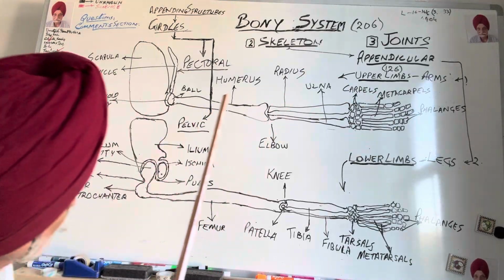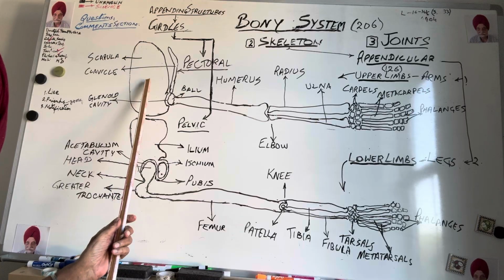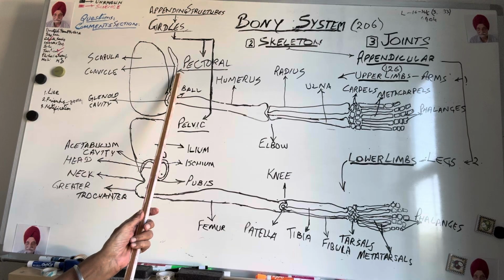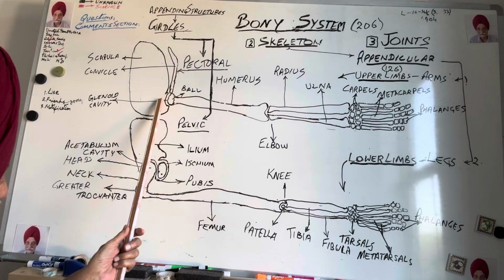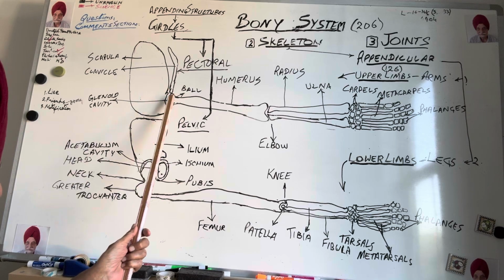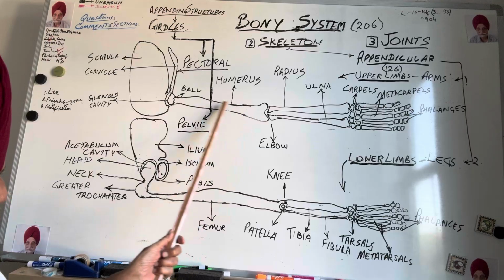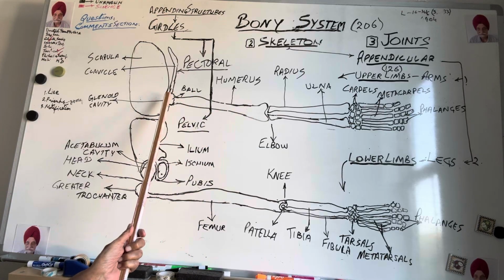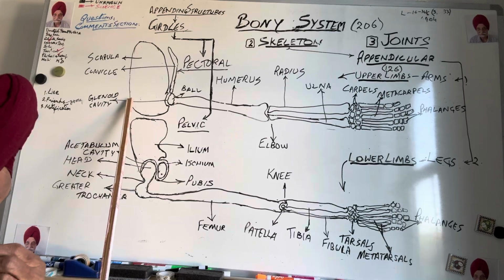Now the pectoral girdle consists of two bones, the scapula and the clavicle. The scapula and the clavicle form a sort of socket into which the ball of the humerus comes and joins. This socket is called the glenoid cavity.